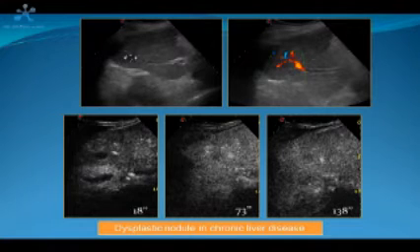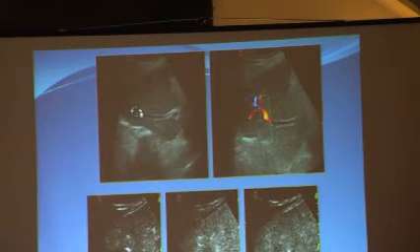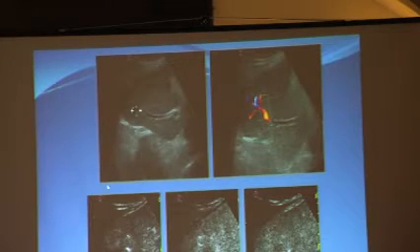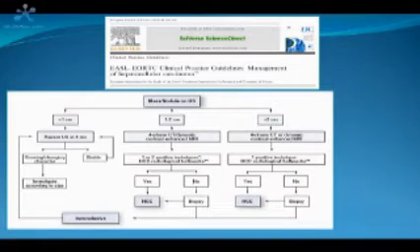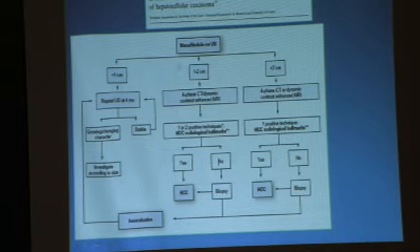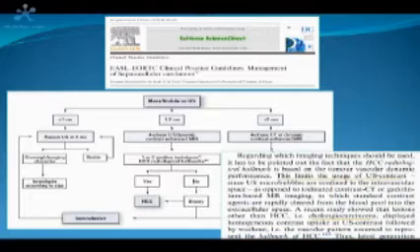This is another example of focal liver lesion in chronic liver disease. The most recent algorithms do not consider CEUS any more in the assessment of the lesion potential of being HCC. You can find here only CT and MRI. Once, in the previous versions of these guidelines, the European and also the American, CEUS was included.